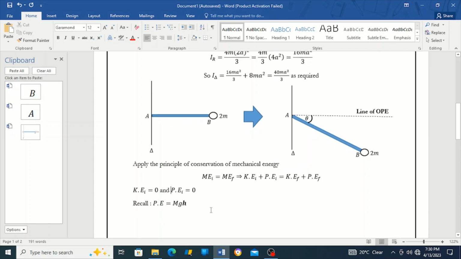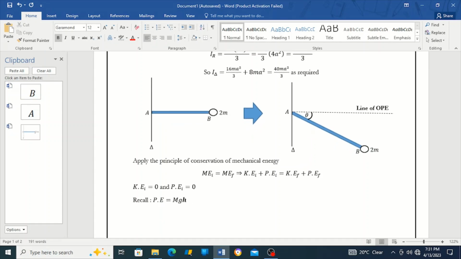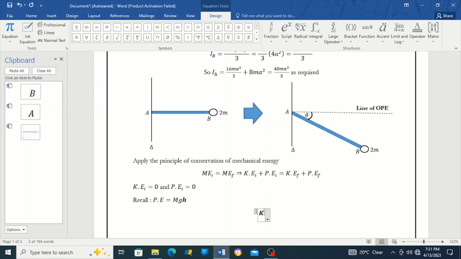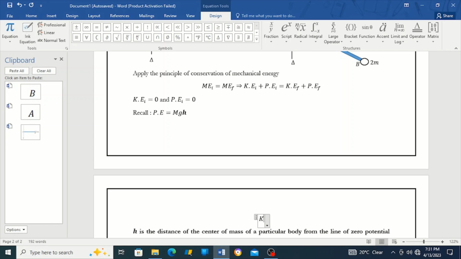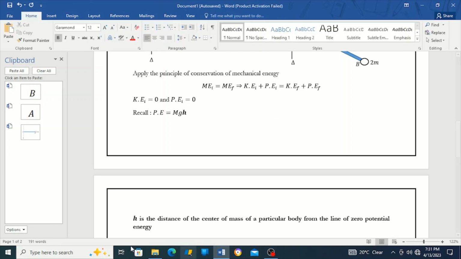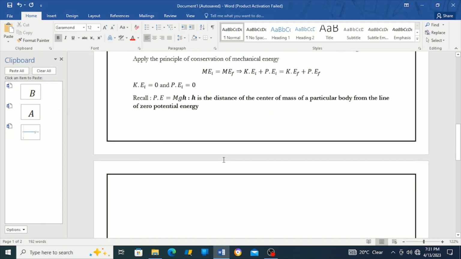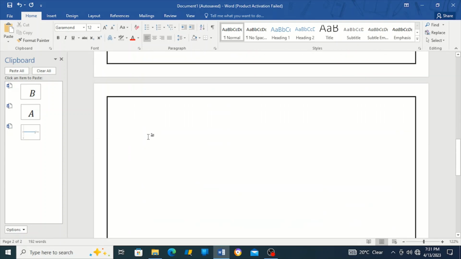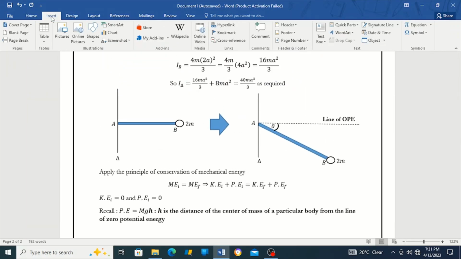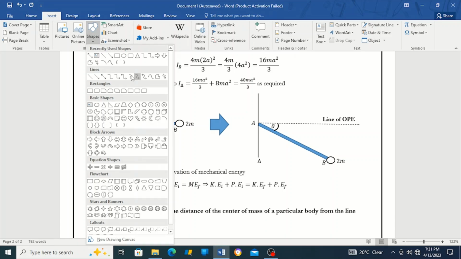All right, now what about the kinetic energy finally? KE final. The next concept I'm going to explain is, remember that this body, let us also indicate the direction of motion.